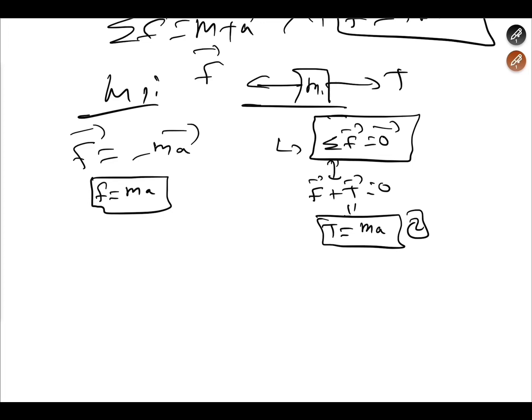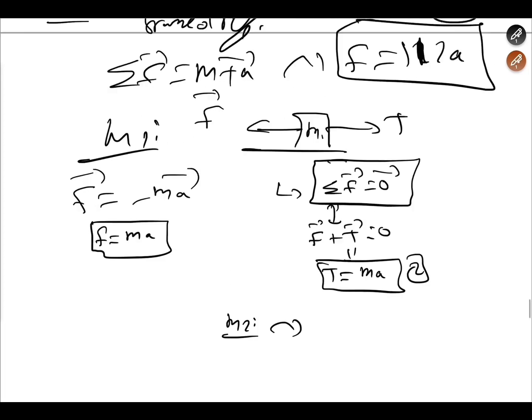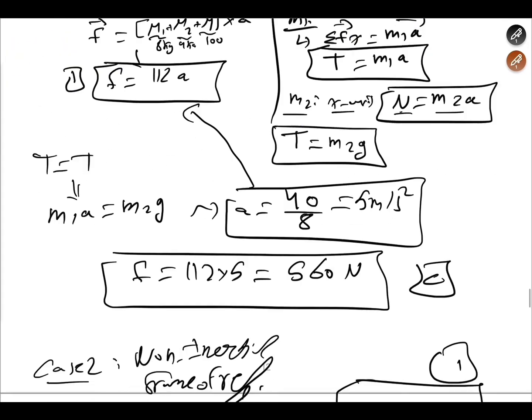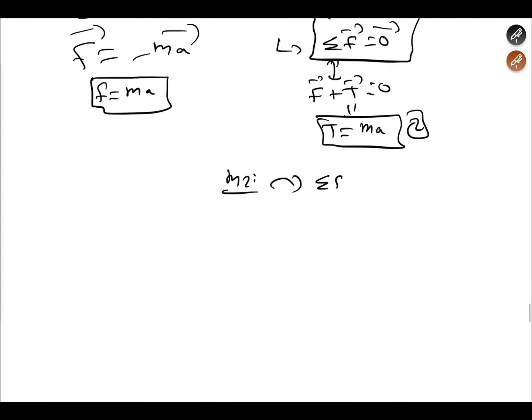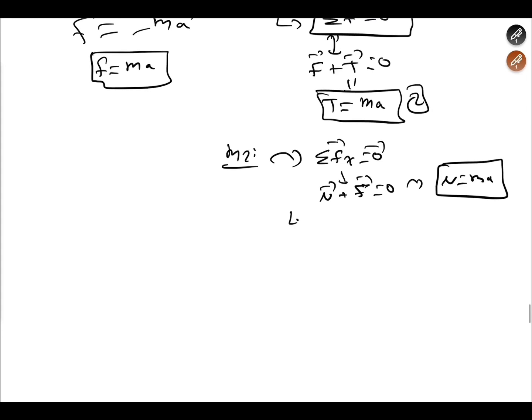And the same concerning M2. We have also summation of forces along the x-axis equal to 0. We have N plus pseudo force equal to 0, and then N equal M2a. We will not use this equation here, but we use the equation along the y-axis equal to 0.